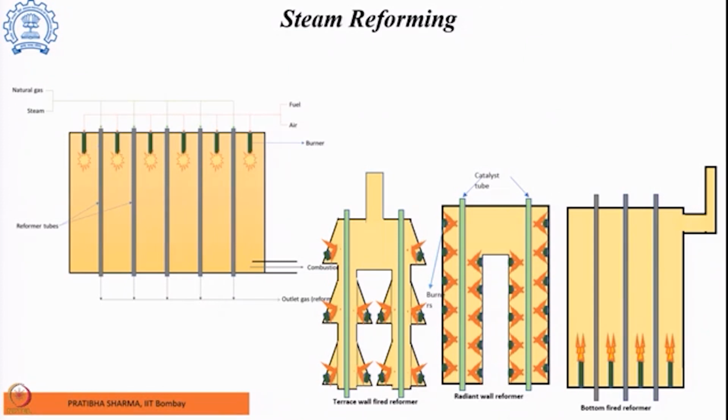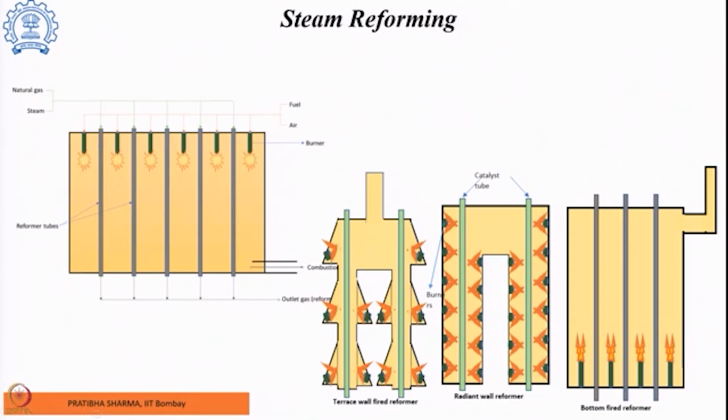The grey colored ones are the catalyst filled tubes. Here the reaction between methane and steam occurs to produce the required syngas, and we get the reformate gas.